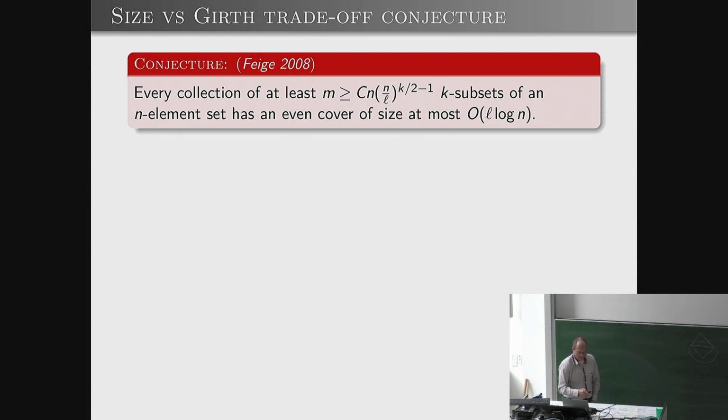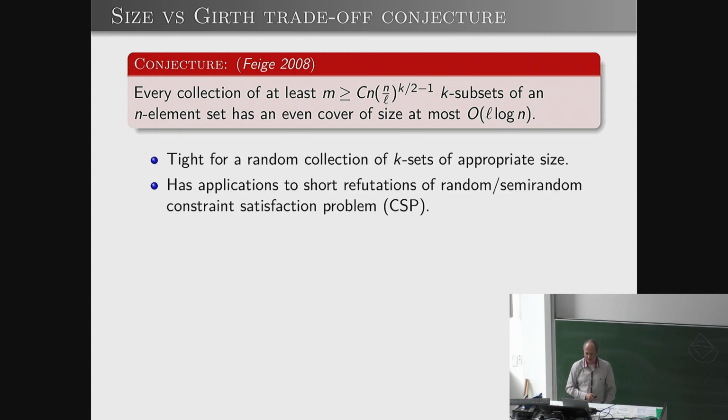The reason why Feige was motivated by this: first of all, it's a tight statement. You can take your collection of m sets of size k at random, and then you can see that you cannot improve this result, because you have a construction which shows that it cannot be improved. And also this thing appears naturally in computer science.